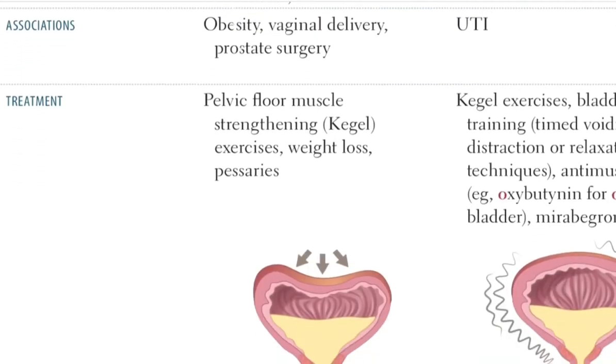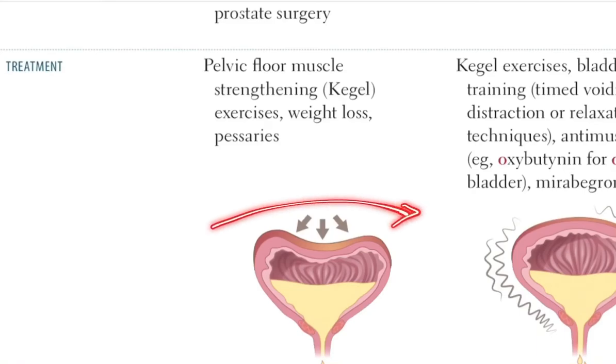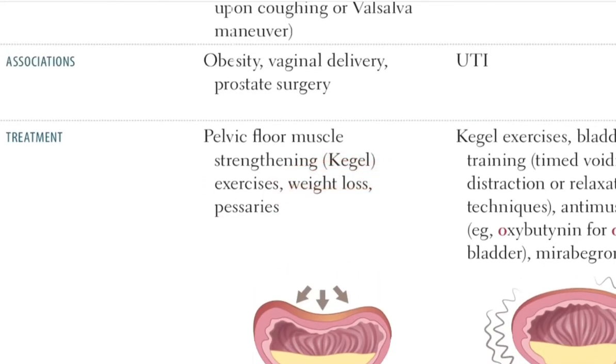And the treatment, since stress incontinence occurs due to excessive intra-abdominal pressure, is majorly strengthening of the pelvic floor muscles by Kegel's exercise. It can also be by weight loss or pessaries. Weight loss is due to obesity: since obesity is one of the major associations of stress incontinence, weight loss serves as a treatment.